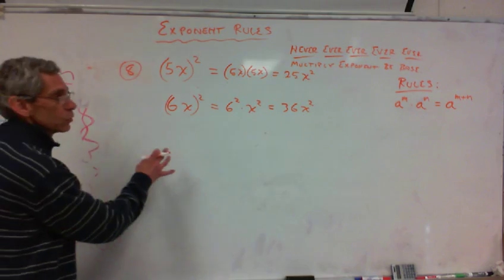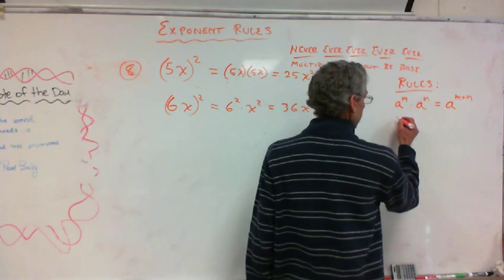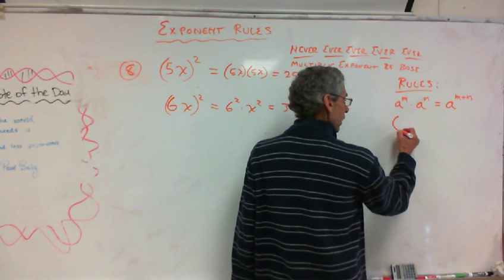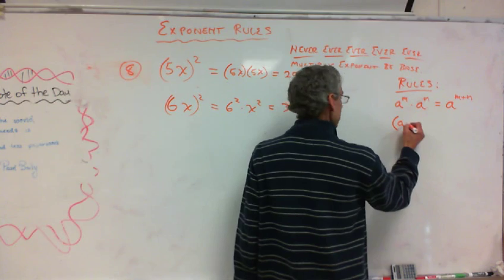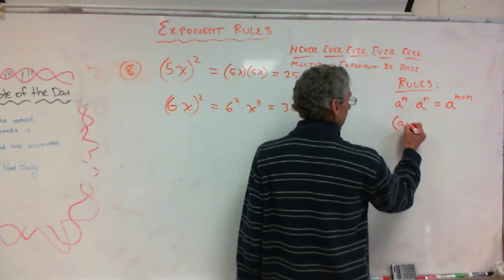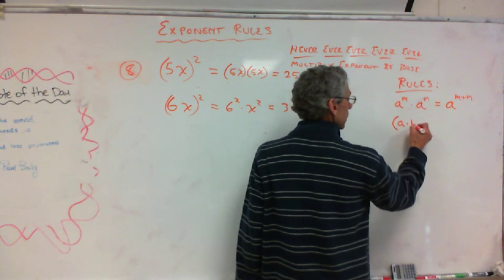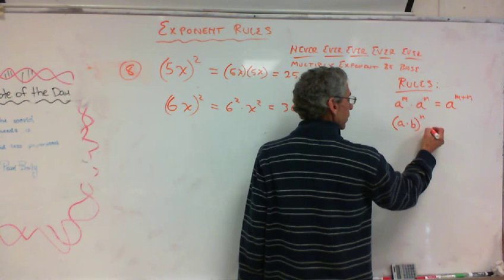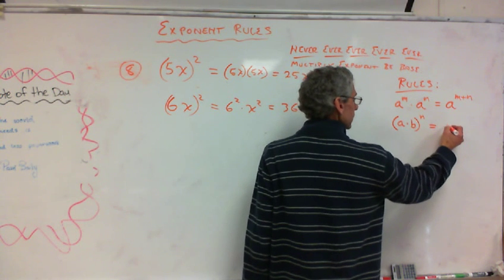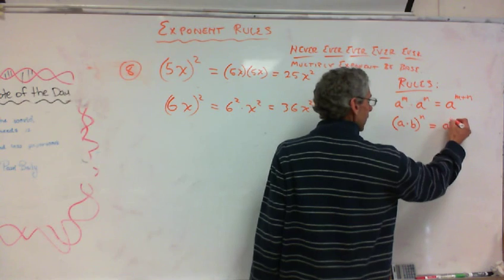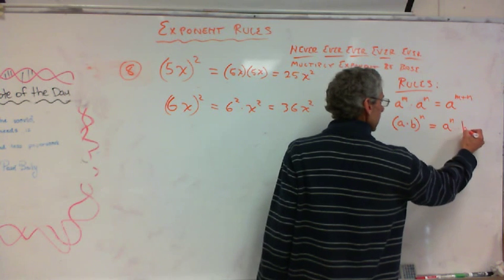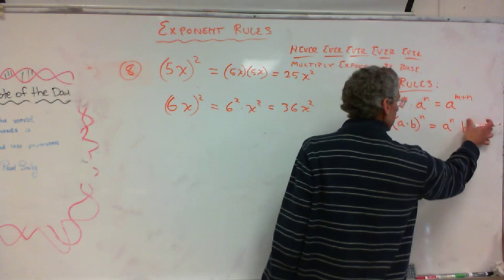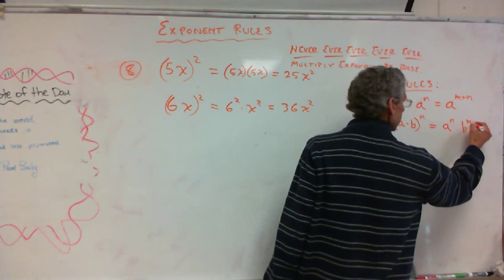Now, there's a rule that it discusses. This is a rule. If you have a times b raised to the n power, it is equal to, it's the same thing as a to the n times b to the n. Does that make sense?